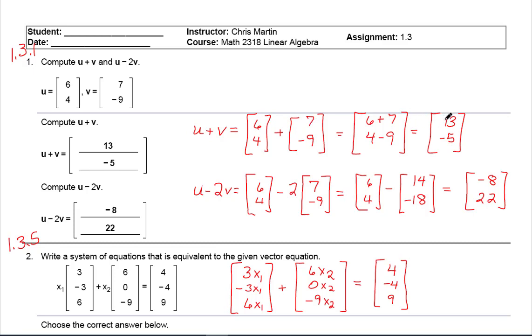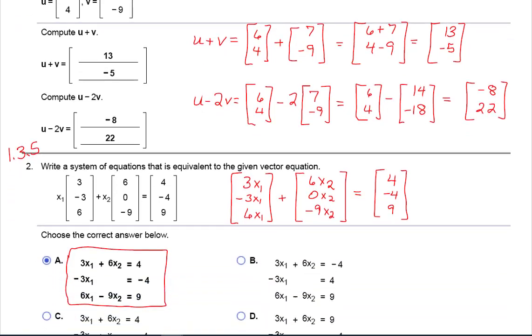So 6 and 7 is 13, 4 minus 9 is minus 5. U minus 2v, well, we just multiply 2 by each of the components in v and then perform the subtraction between the components.